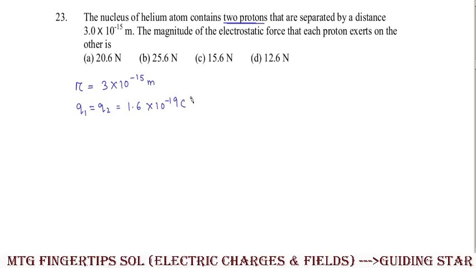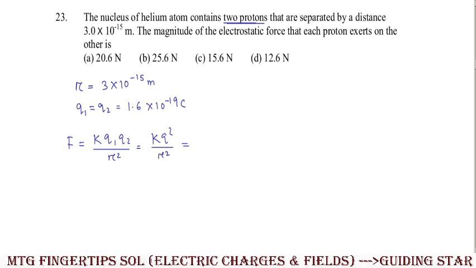Okay, so if that is the case, then what it is asking is the magnitude of the electrostatic force that each proton exerts on the other. So one proton will exert an electrostatic force upon the other, how much is that? That force will be nothing but k q1 q2 divided by r square, but both have the same magnitude, so k q square upon r square.